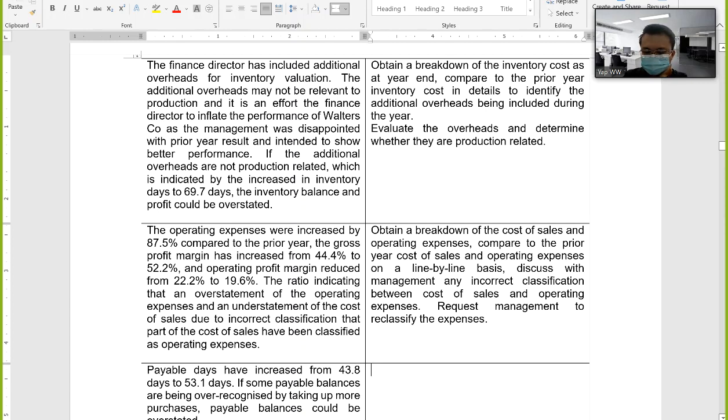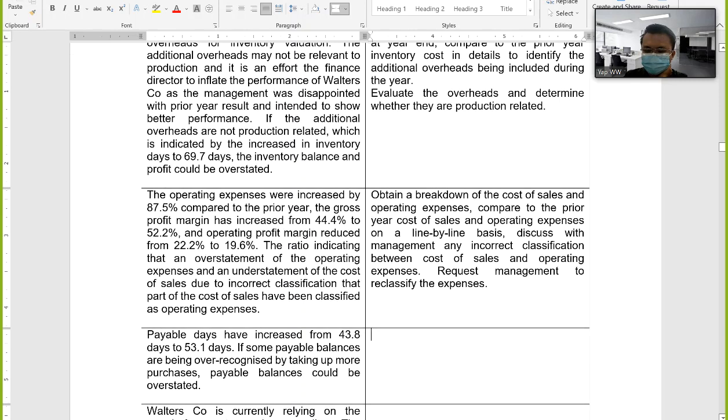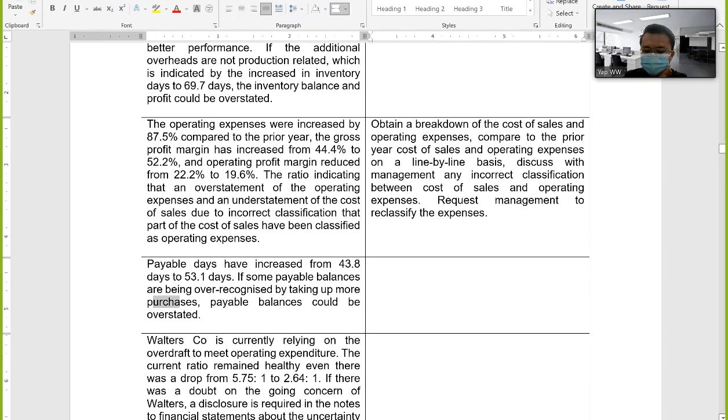Next. Payable days increased from 43.8 days to 53.1 days. If some payable balances are being over-recognized because we have been taking up more purchases, then payable balances could be overstated. How am I going to respond to this?